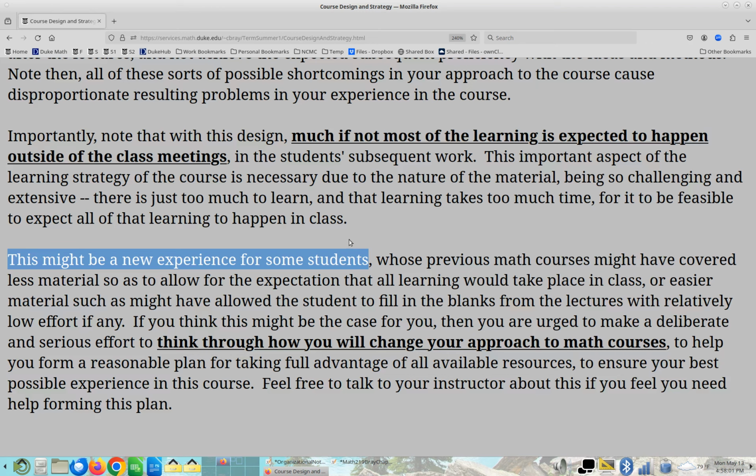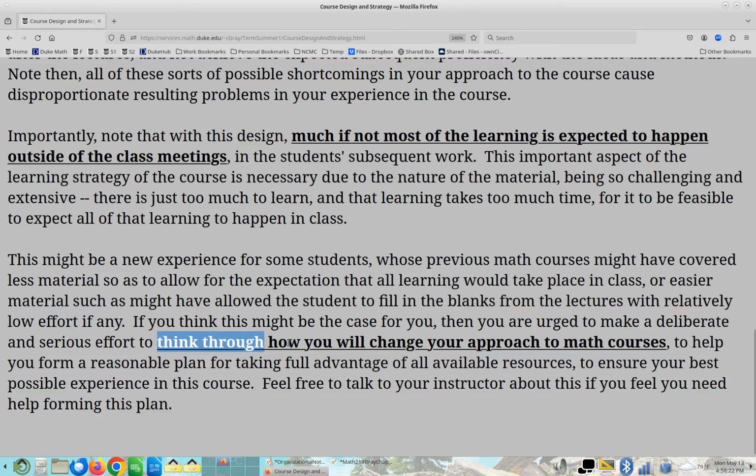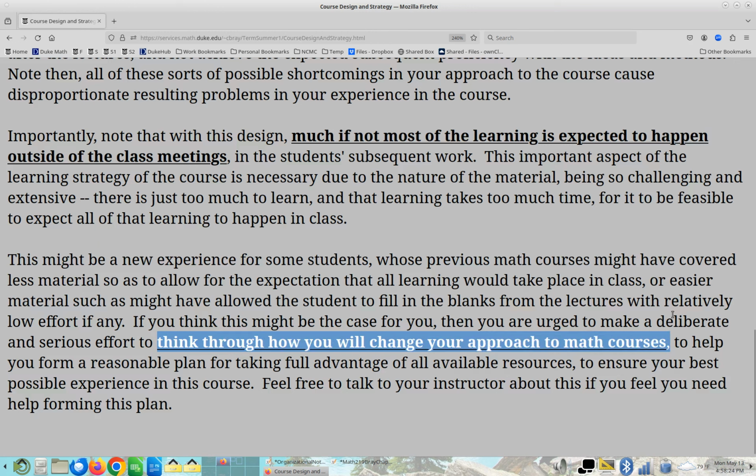But if this is a new experience, not just in preparation for my class, but in preparation for many classes that you're going to take in math or engineering or physics or whatever, you're going to have to adapt to this teaching strategy, learning strategy. And so you might need to make some big changes.